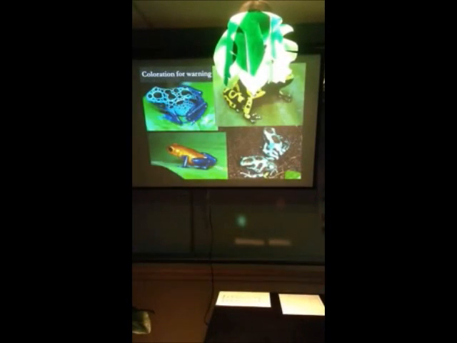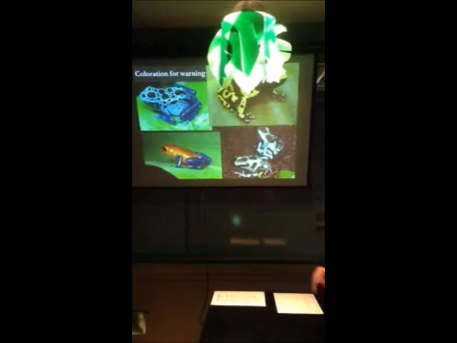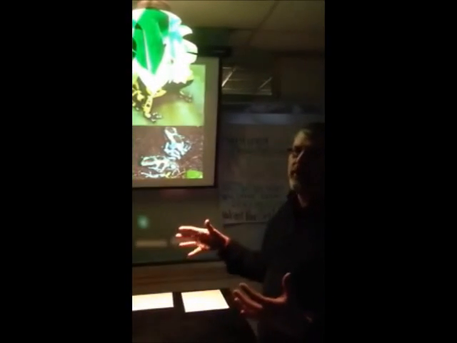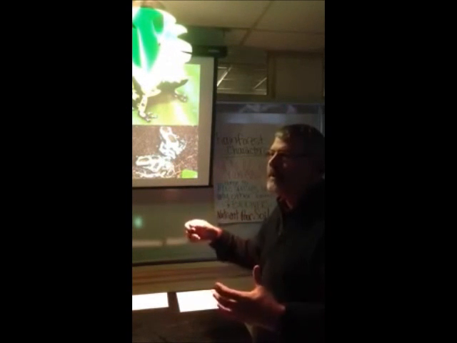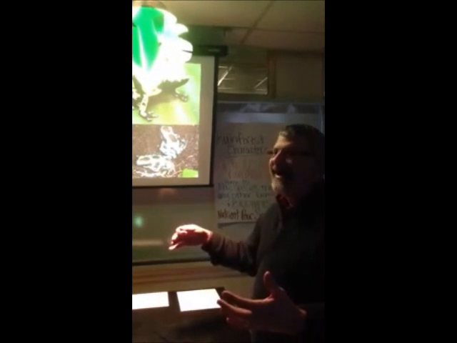So, next adaptation we want to talk about is the color is for warning. These are poison dart frogs. Okay, poison dart frogs are really cool. Poison dart frogs are called poison dart frogs because they're poisonous!